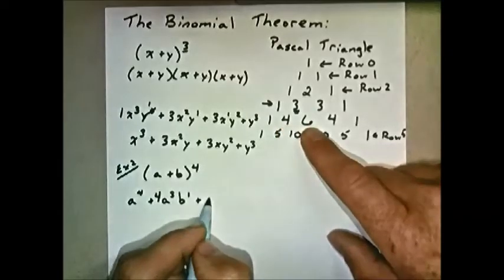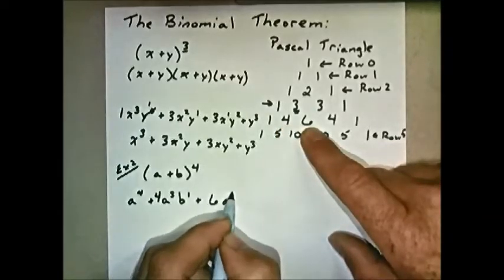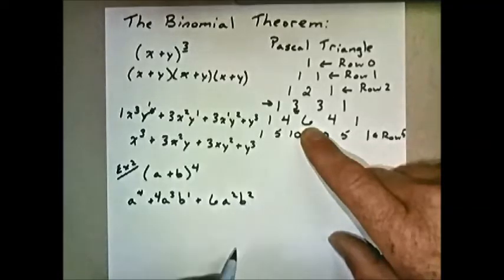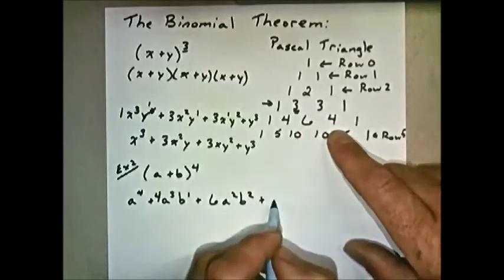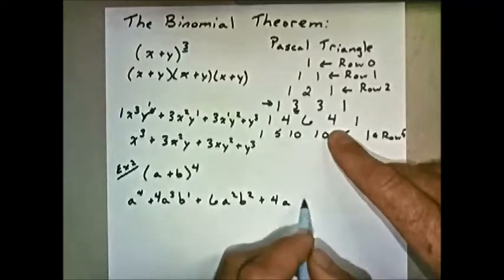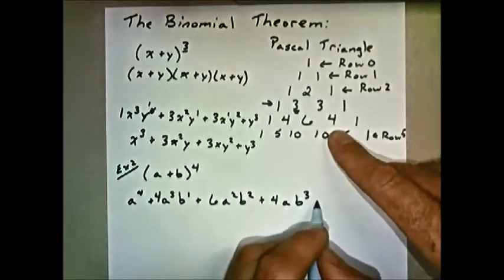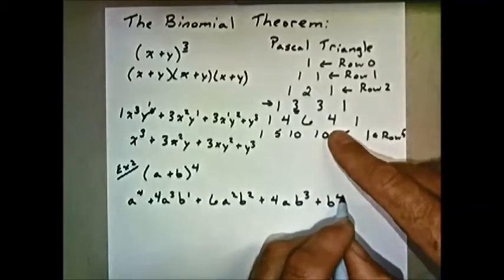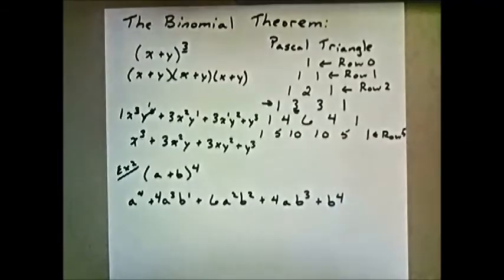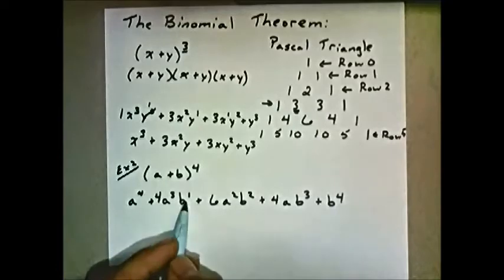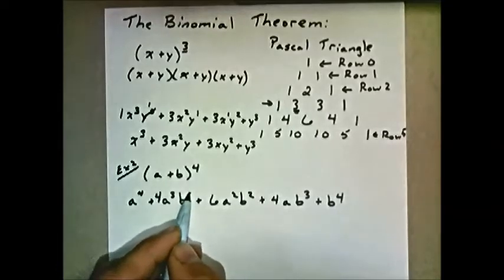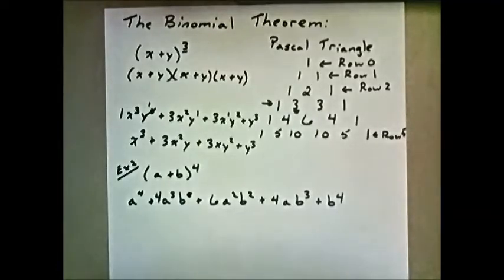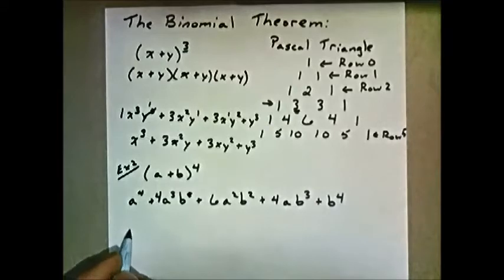Plus 6a squared b squared plus 4a b to the third plus b to the fourth. And there's your expanded answer. We could simplify this by taking out the 1, since it's understood to be 1, and there is your simplified form.